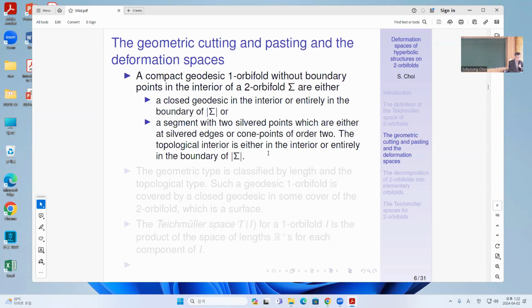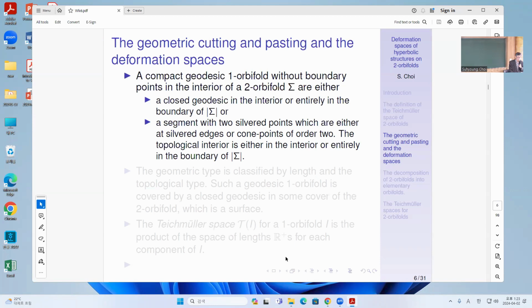It's difficult to tell what the boundary is, right? So the topological interior is either in the interior or in the boundary of sigma. If it's entirely in the boundary, then it's a silvered boundary, so it'll be a silvered edge, a silvered arc. Those are the only things that can happen here.